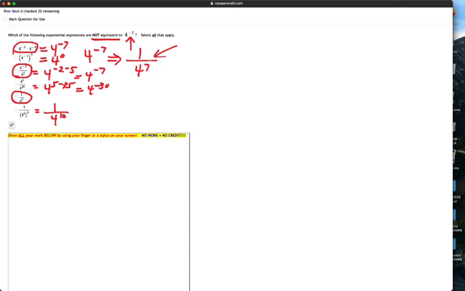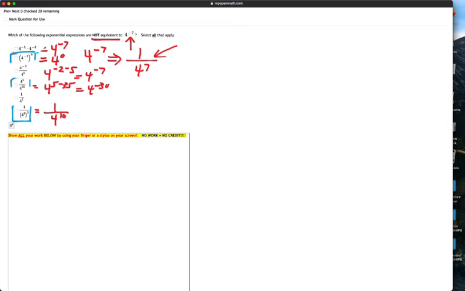So in this particular problem, and be on the lookout for this, we're trying to choose all of the expressions that are not equivalent. So the ones that I just circled are not the ones that are actually the correct answers. It's really this one, and this one. Those are the ones that are not equivalent.